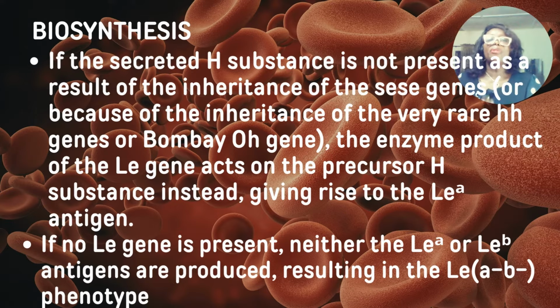But if the SE gene is present in the presence of a functional Lewis gene, then the Lewis antigen produced is Lewis B antigen. If no Lewis gene is present, then neither Lewis A nor Lewis B antigen will be produced, and this results in the Le(a minus b minus) phenotype.